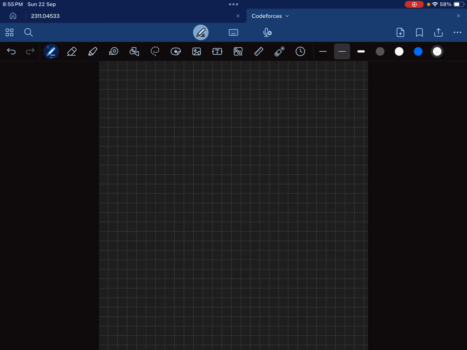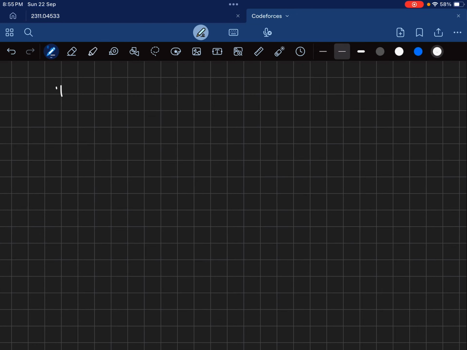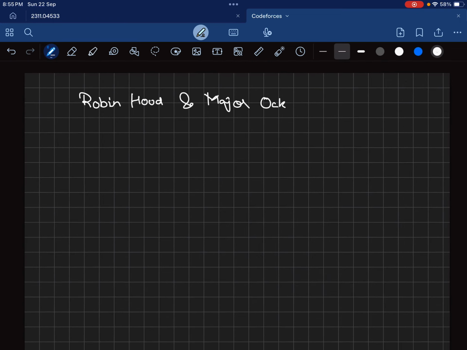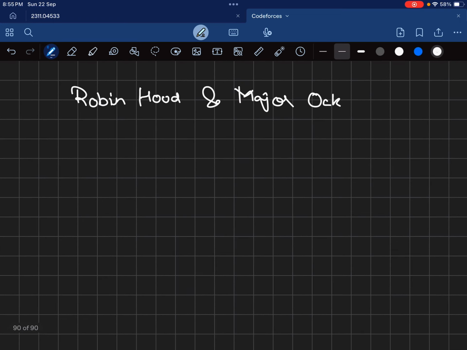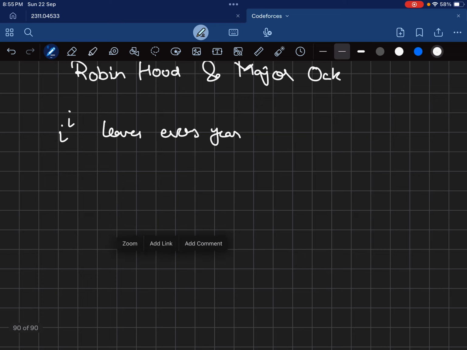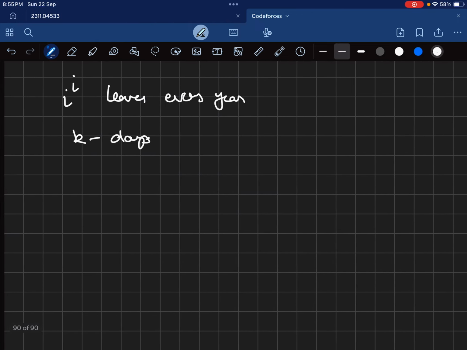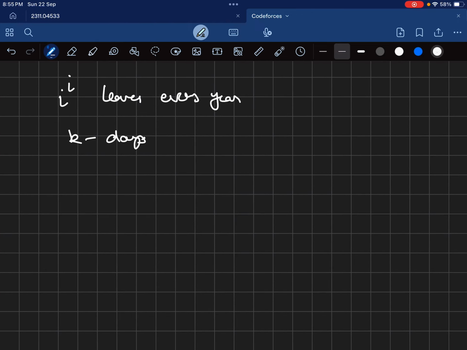So moving on to the next question, Robin Hood and Major Oak. In this question, the tree Major Oak grows i raised to i leaves every year, and each leaf stays on the tree for k years.